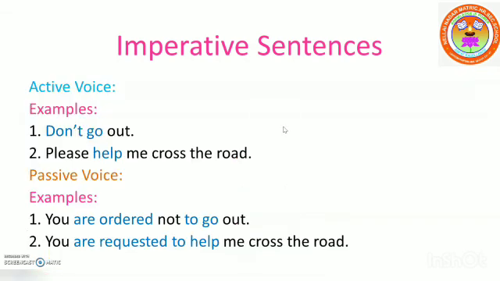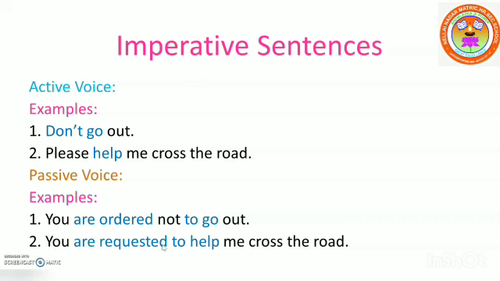Next, we will see some other examples. Active voice: Don't go out. Please help me cross the road. So these sentences can be translated into passive voice like this: You are ordered not to go out.